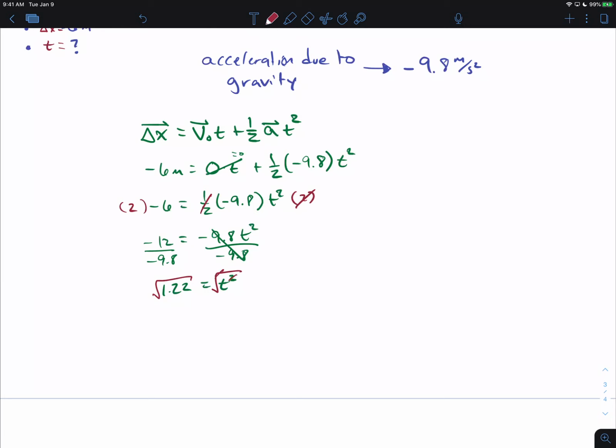This square root and this square will cancel, and what I will have here, I'm just going to flip this around, is t is equal to the square root of 1.22 seconds. Okay, and we could do this here, square root of 1.22.